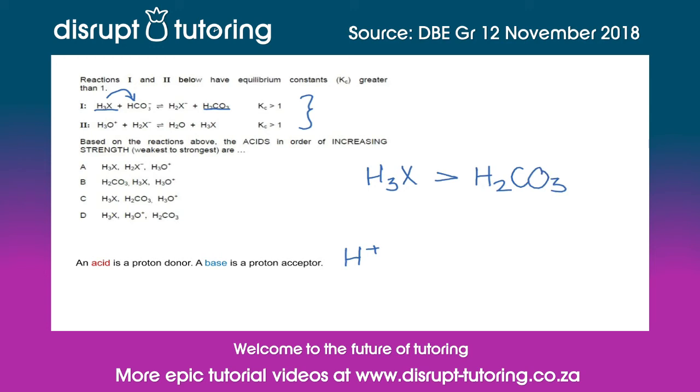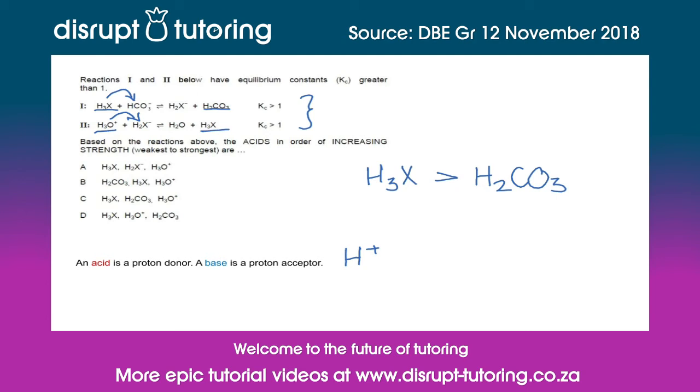Okay, so now we need to look at our second equation. On the left-hand side, the hydronium ion donates a proton to H2X- to become H2O, its conjugate base, and H2X- accepts the proton and becomes its conjugate acid, H3X. So H3O+, the hydronium ion, is the acid for the left-hand side of the equation, and H3X is the acid for the right-hand side of the equation.